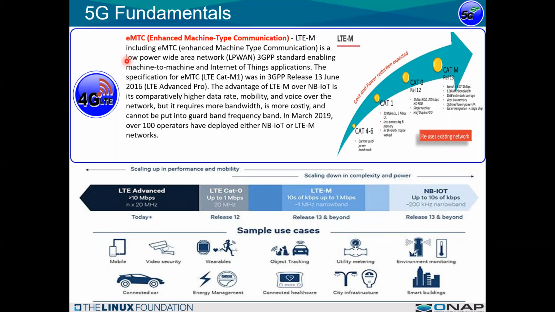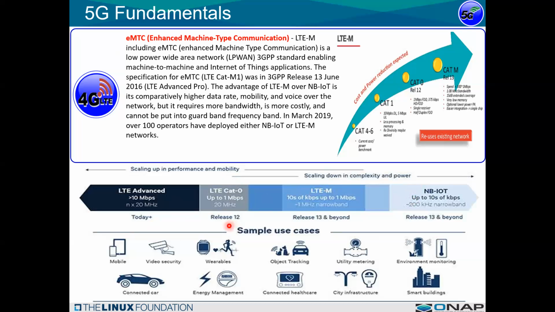And we'll see more advancements of it. There have been more and more advancements of it in the standards. And here you see where we have LTE Advanced, with up to a megabit per second, LTE-M with tens of kilobits per second, and narrowband IoT up to tens of kilobits per second.